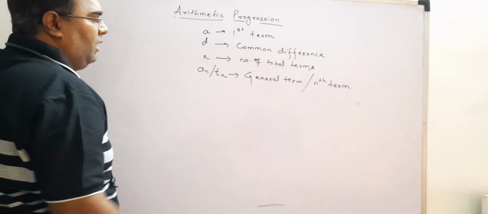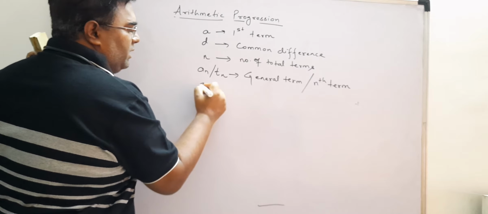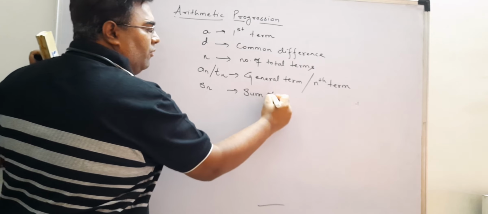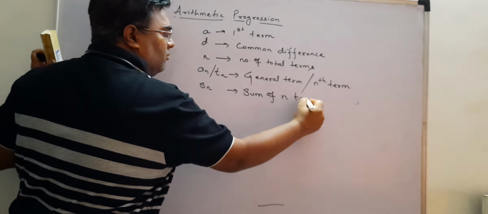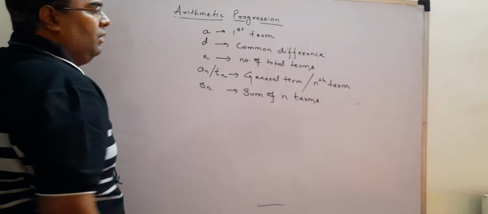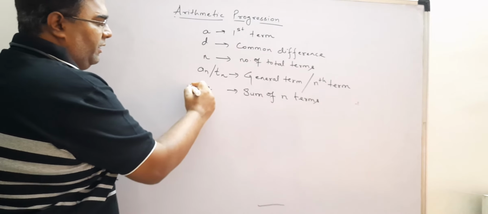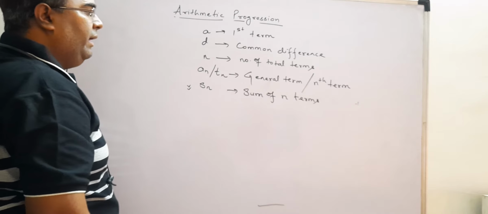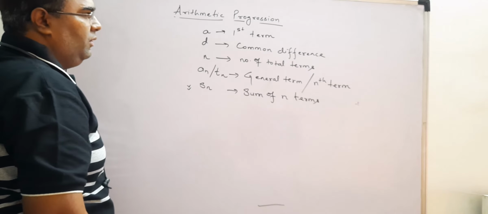And the fifth one is Sn. Sn is basically the sum of n terms. Okay, we will see this later. First, we will get to know all these things: A, D, N, and Tn. Okay, let's see.